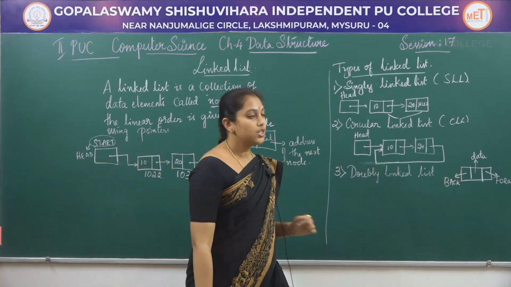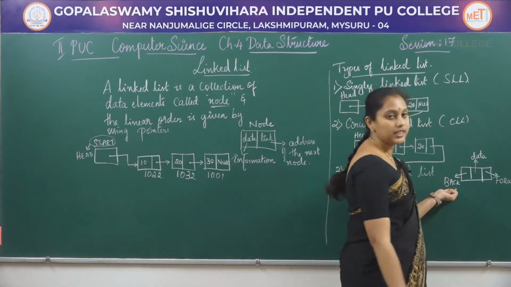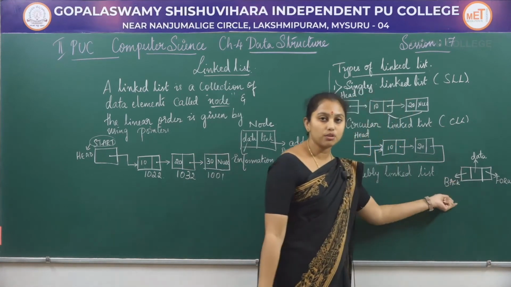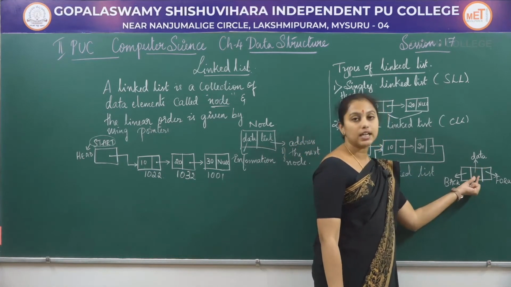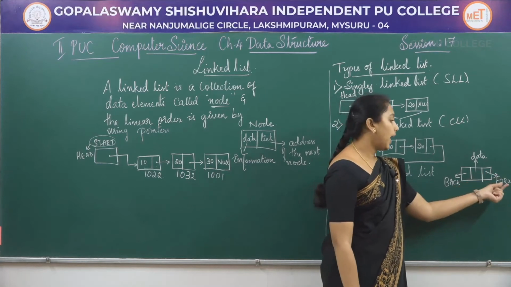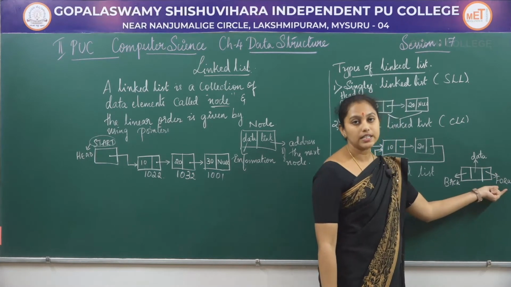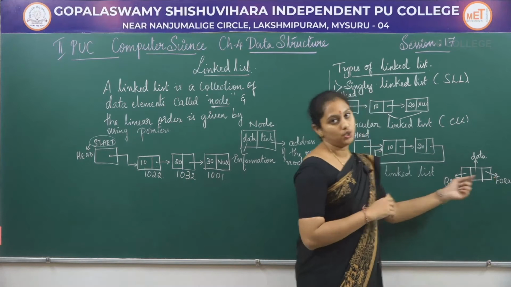The back part contains the address of the previous node, the data part contains the information, and the forward part contains the address of the next node.